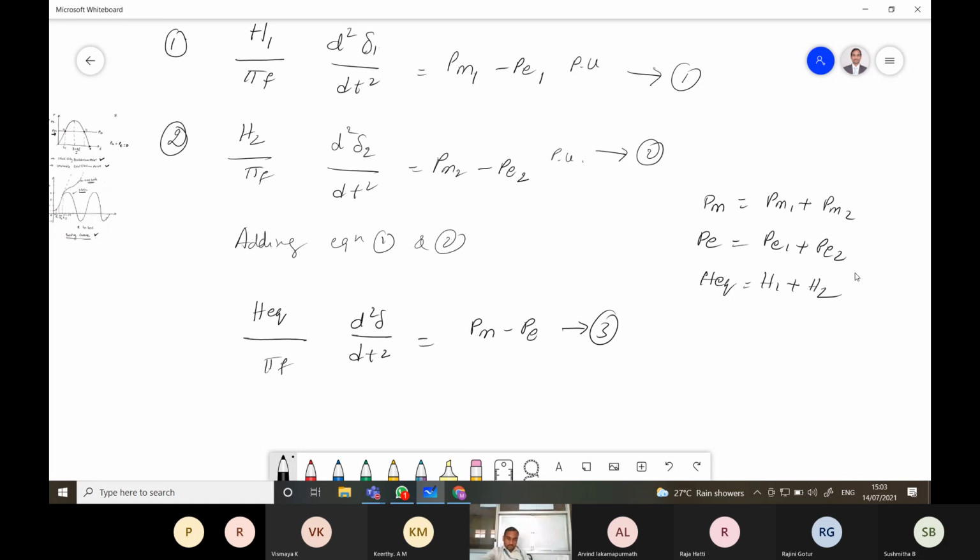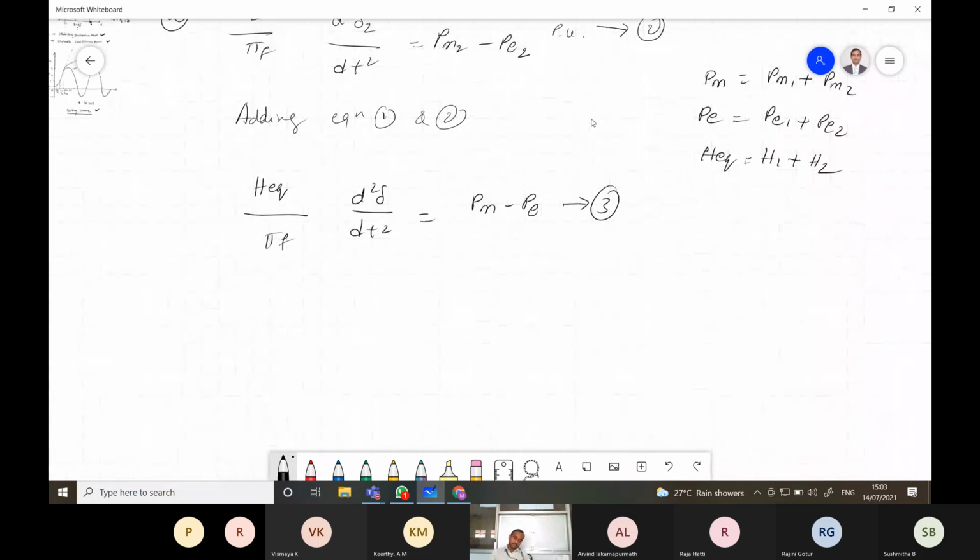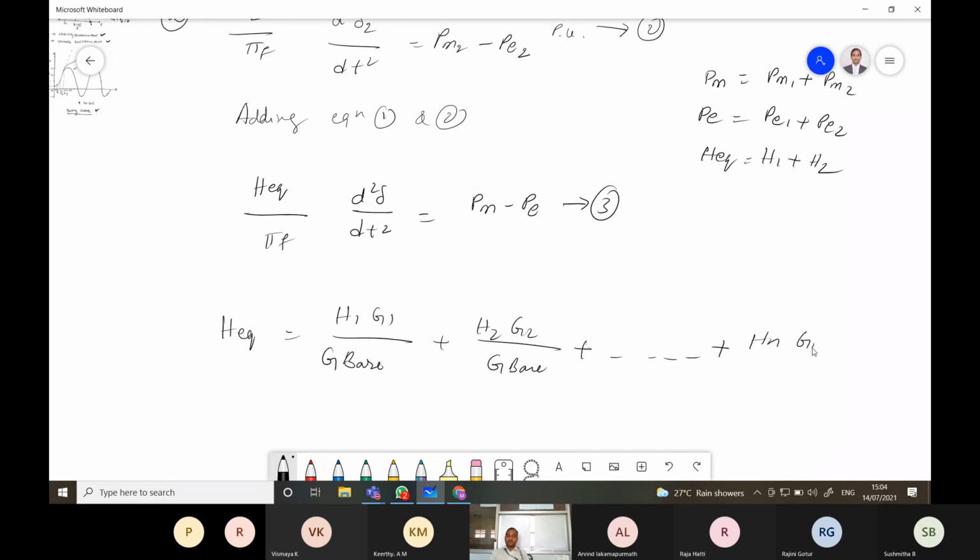Therefore, the two machines swinging coherently are thus reduced to a single machine. So H equivalent is equal to H1 G1 by G base, similarly H2 G2 by G base, plus up to Hn Gn by G base.